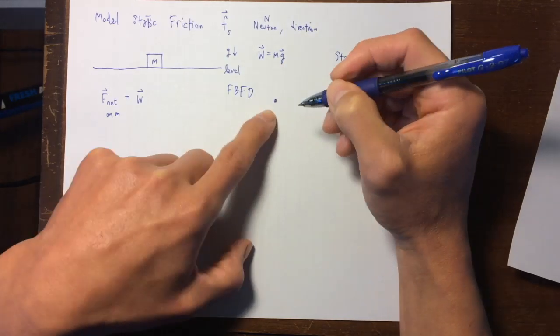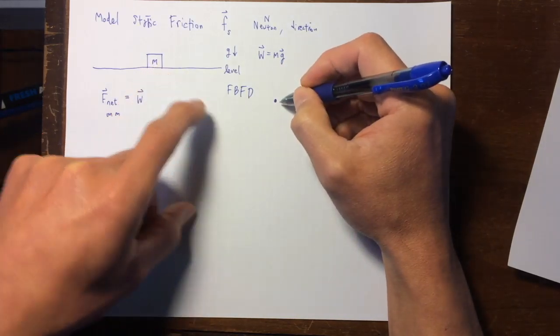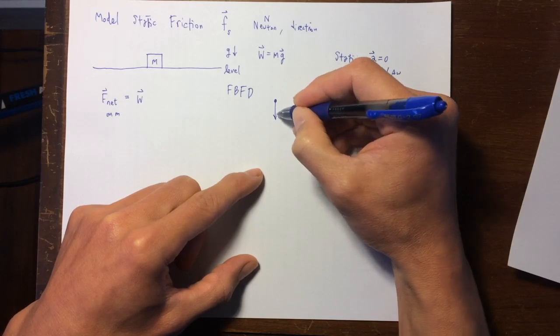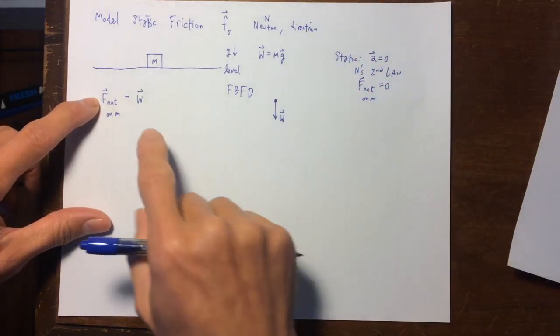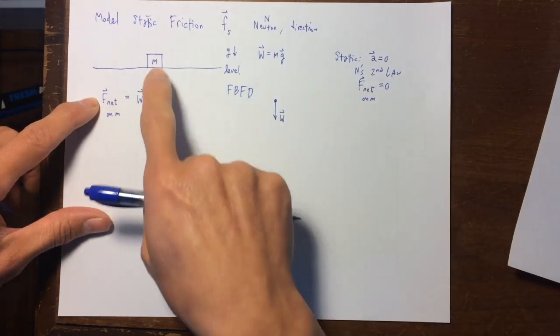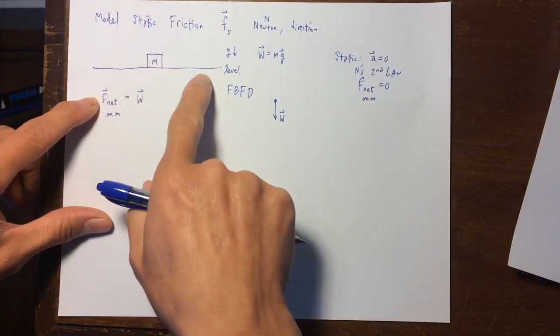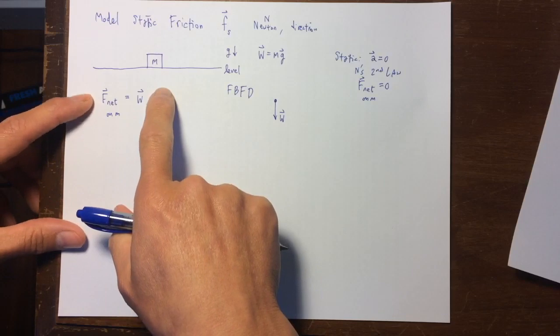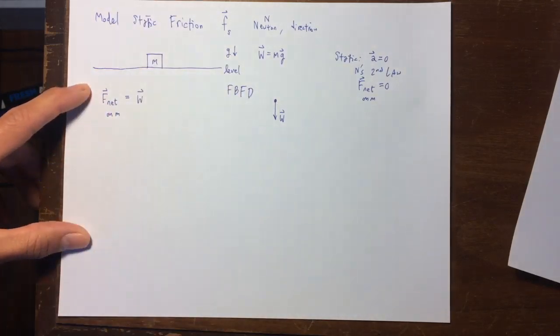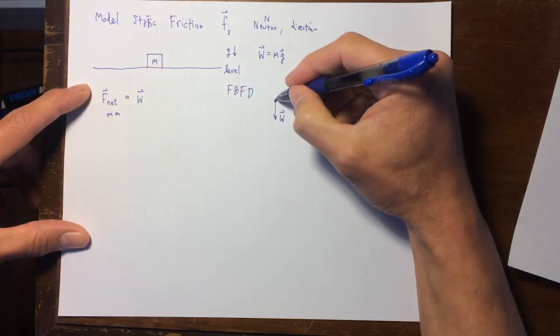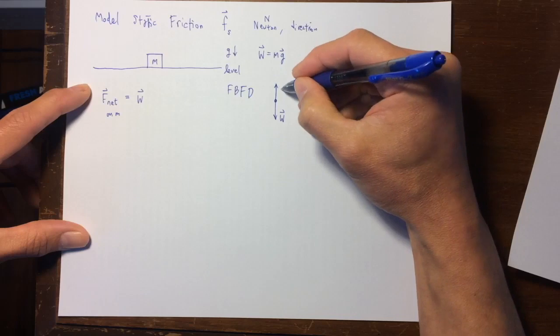Here is the little free body representing m, and there is a force down called the weight force. But because the net force is equal to 0, I note that the ground must be pushing upwards, supporting the mass. And that upwards force we've been calling the normal.